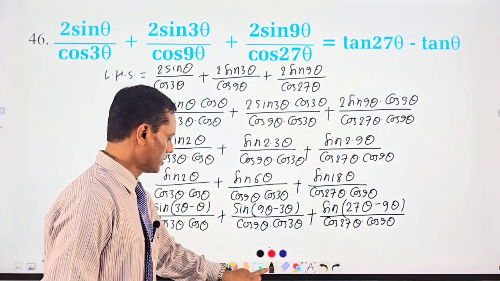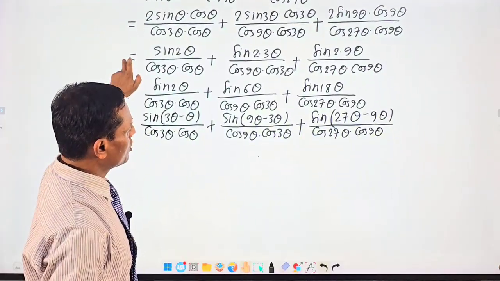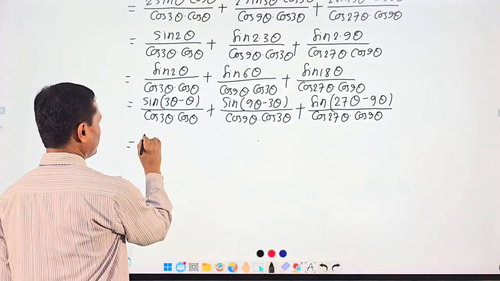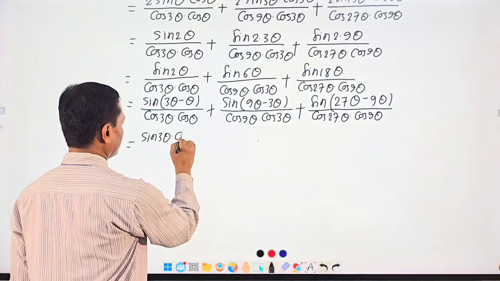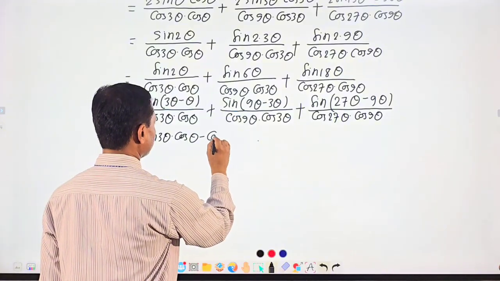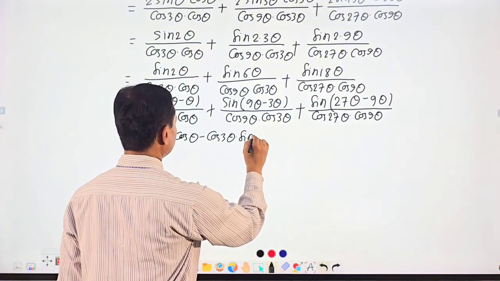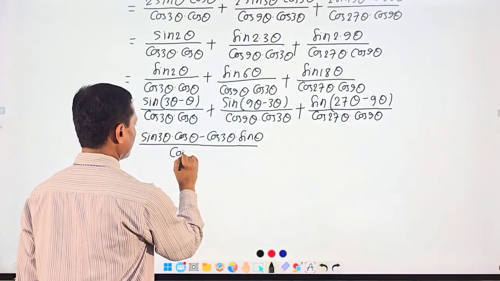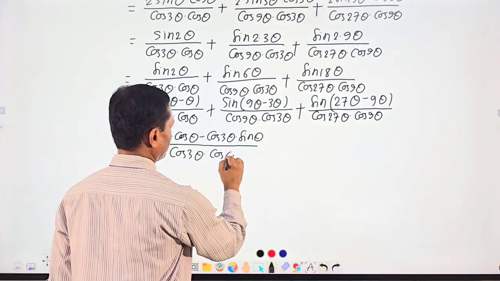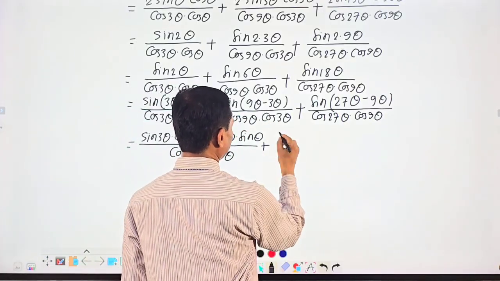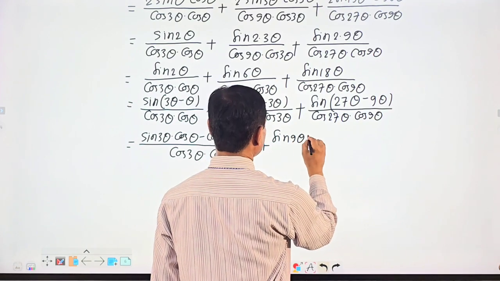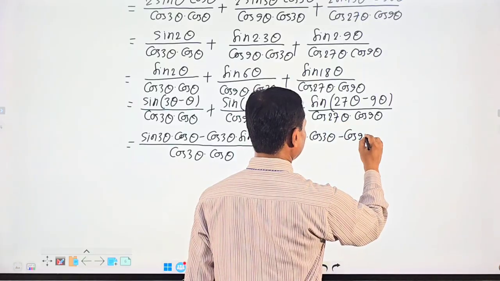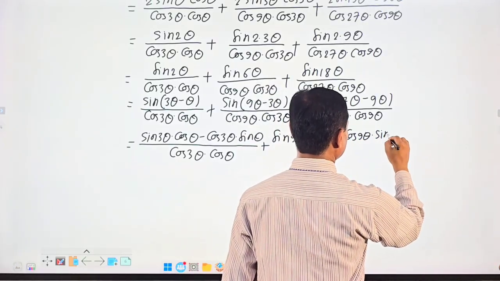Isn't it? Now we are going to apply the formula, isn't it? It's the compound angle formula, sin A minus B. So we write here sin A dot cos B minus cos A dot sin B. At the denominator, cos 3 theta into cos theta. Right? Here also same, sin A minus B, sin 9 theta dot cos 3 theta minus cos 9 theta dot sin 3 theta.